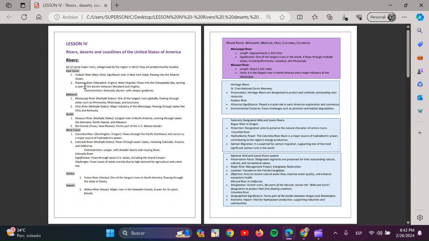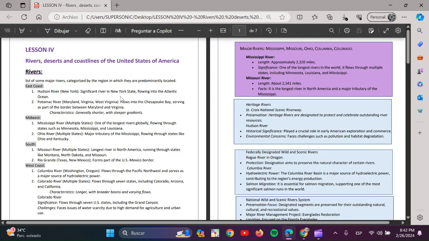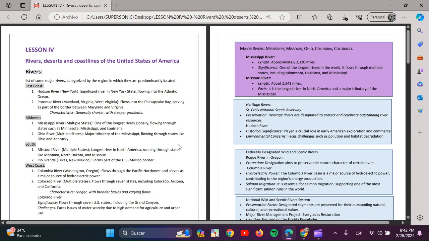And then we have the Potomac River. Also, in this document, you can see some characteristic or some feature about every item we have here. And of course, we have examples of each one.